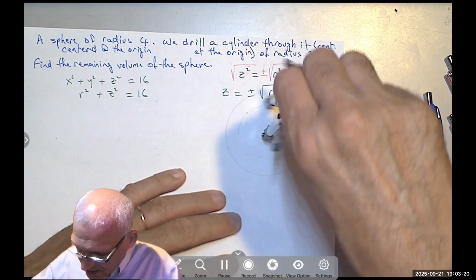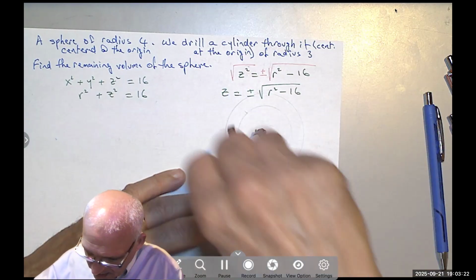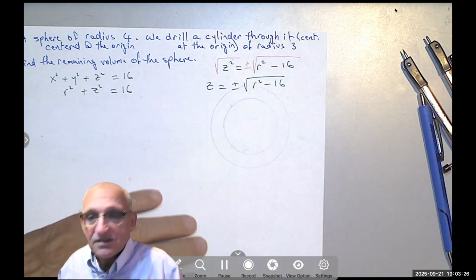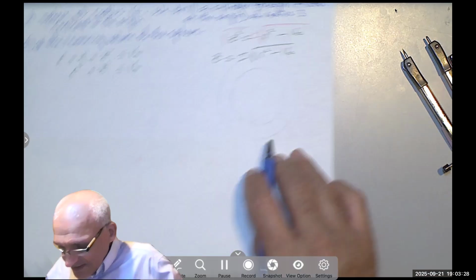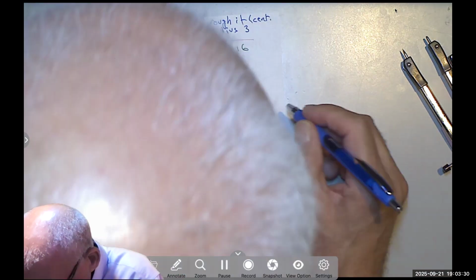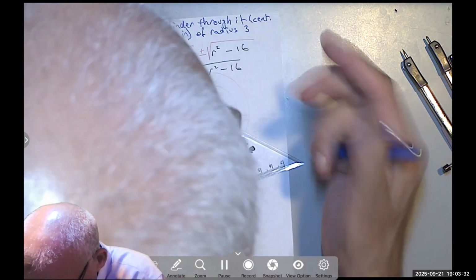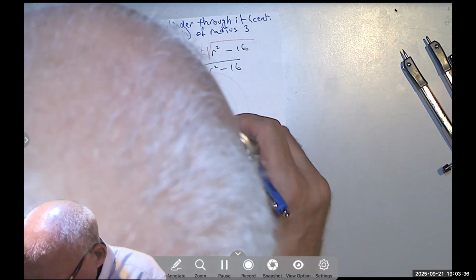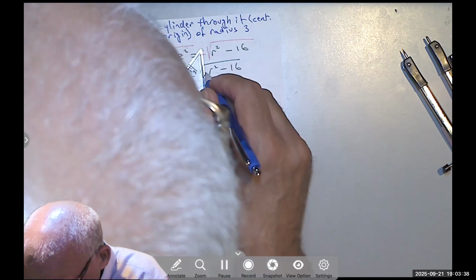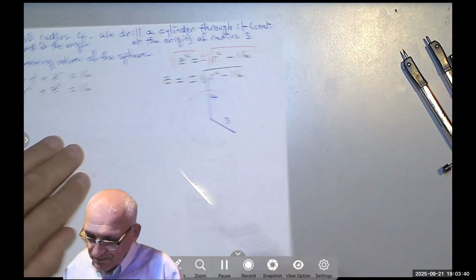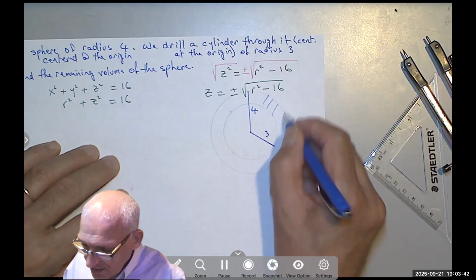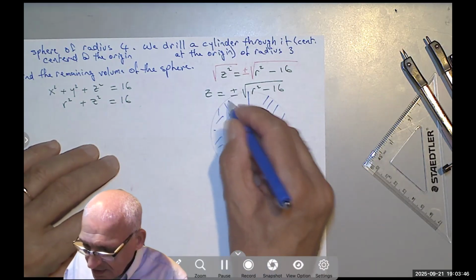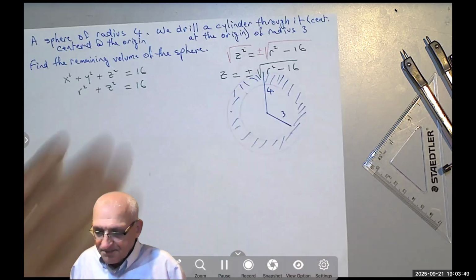So here is the cylinder that we drilled. We know that this radius is 3, and that radius is 4. And we want the volume that would result after the drilling.